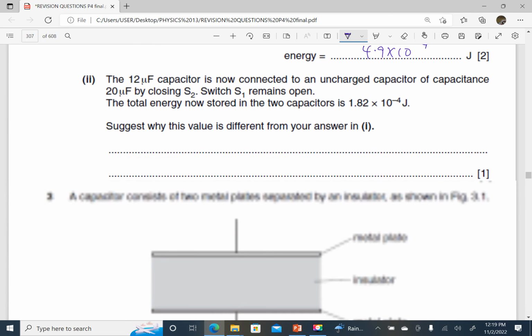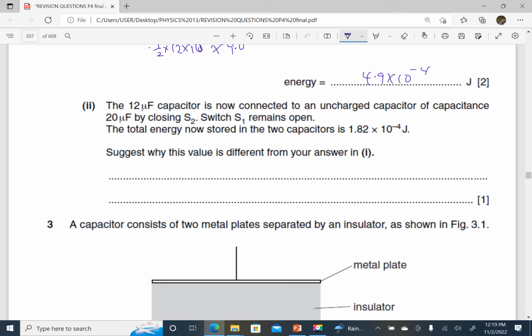Switch S1 remains open. The total energy stored in the two capacitors is now this. It is actually less than what we have calculated before. State why this value is different from your answer.